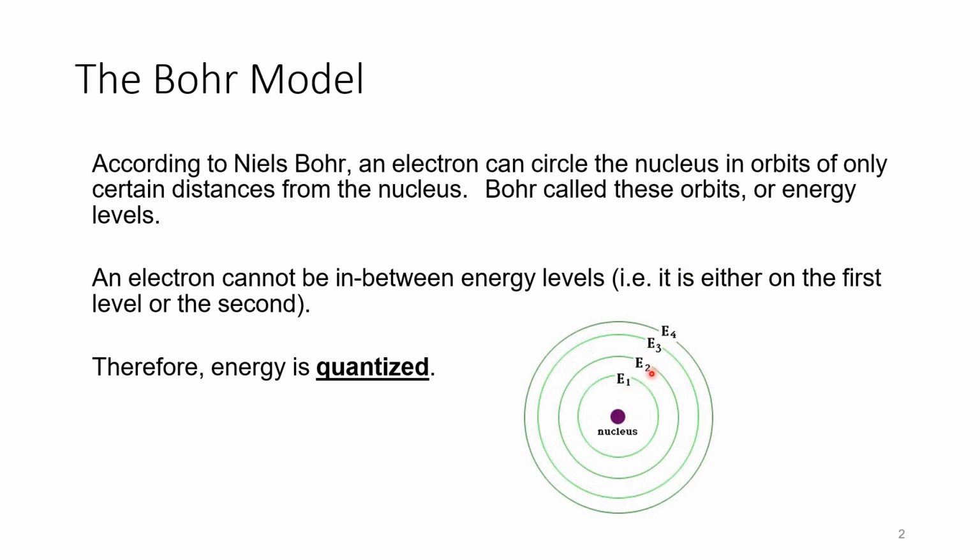Think of it just like climbing a ladder. You can stand on step 1 or step 2, but you can't stand in the middle between the two steps. It is the same here. Electrons can't sit between E1 and E2.